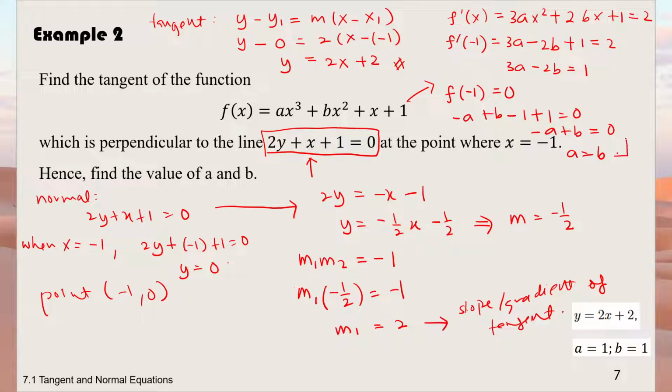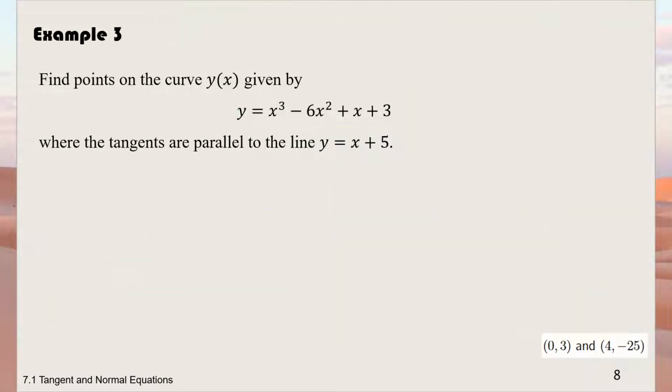So I can substitute this into here: 3a minus 2a equals 1. So my a is 1 and my b equals 1. So basically from here, from the normal line, you can revert the information to find your fx.